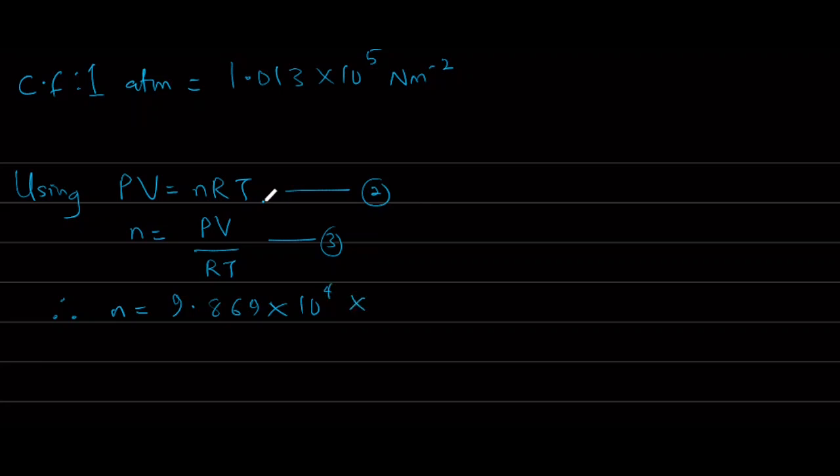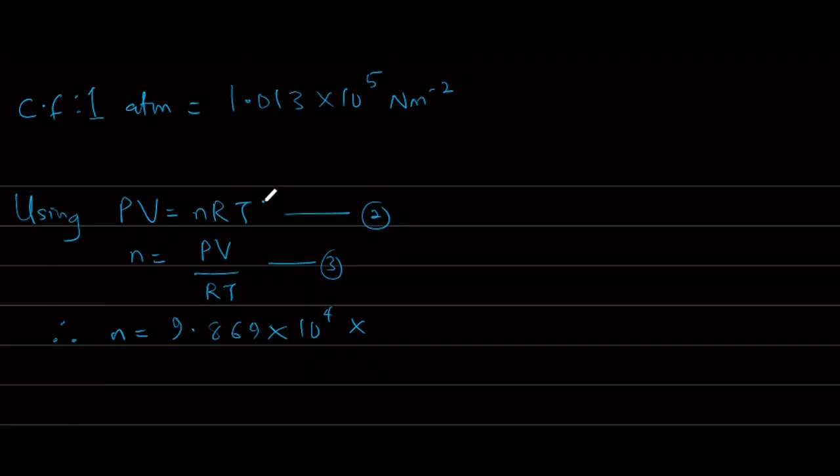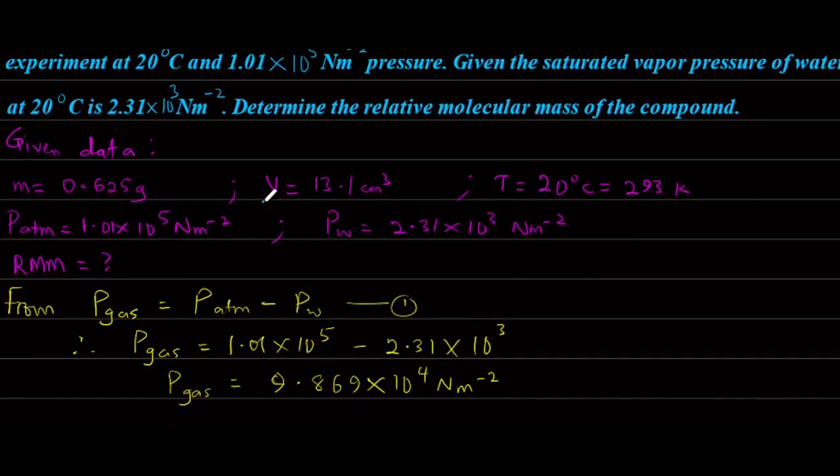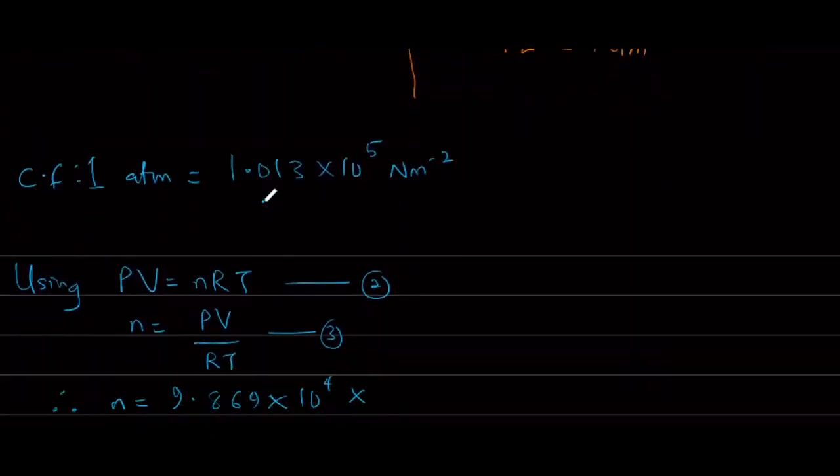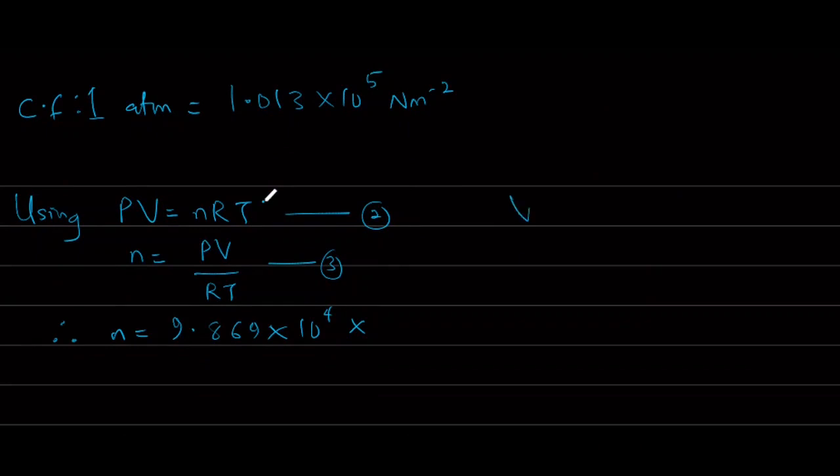The volume is in centimeter cube, so we need to convert it to meter cube. If we convert the volume, which is given as 13.1 centimeter cube, we are going to get the volume to be 1.31 exponential minus 5 meter cube.